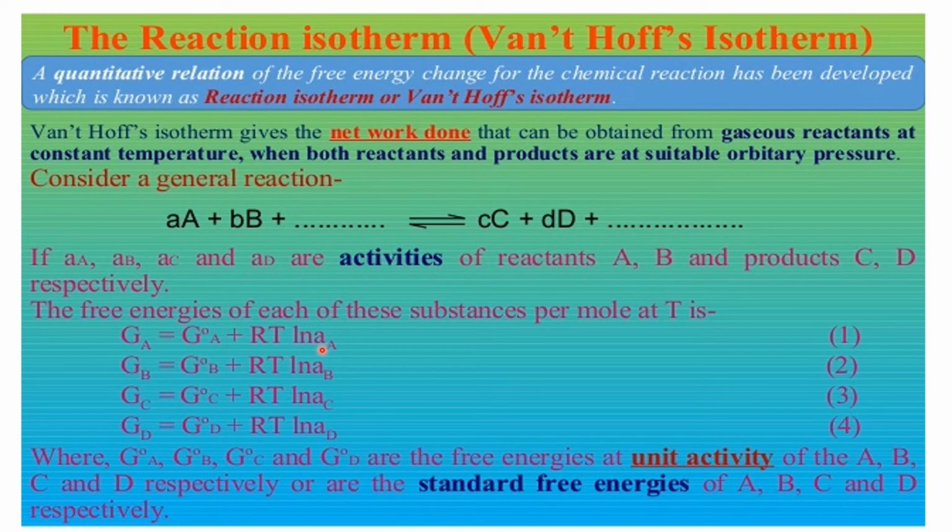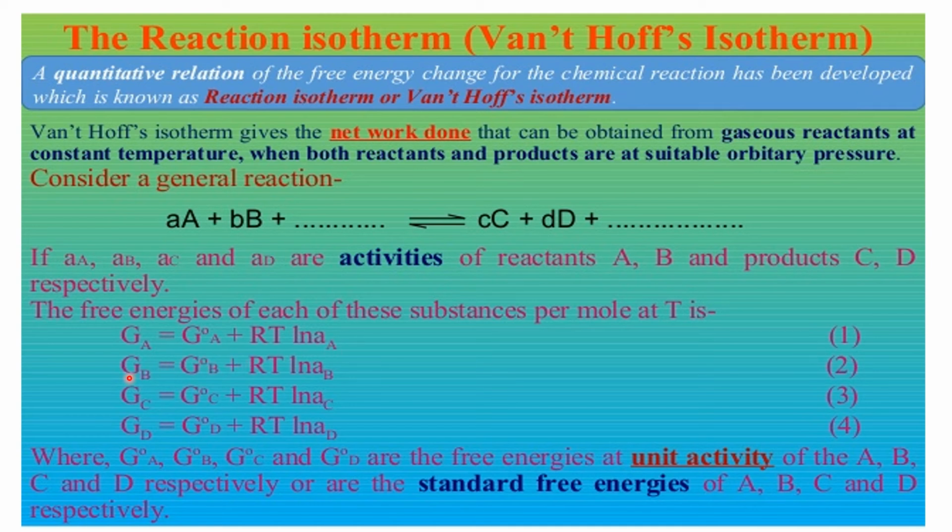So we are considering A, B, C and D and substituting in this equation. The free energy G_A is equal to G0_A plus RT ln a_A, where G_A is the free energy of the reactant A, G0 is the standard free energy, R is the universal gas constant, T is the temperature, ln is the natural logarithm, and a_A is the activity.